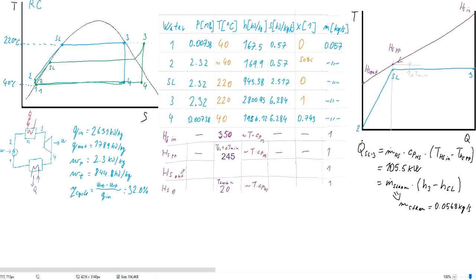Now what we are missing is the parameter, the temperature for the heat source outlet. So now, when we have the mass flow rate of the steam, we also can calculate the heat input into the Rankine cycle.